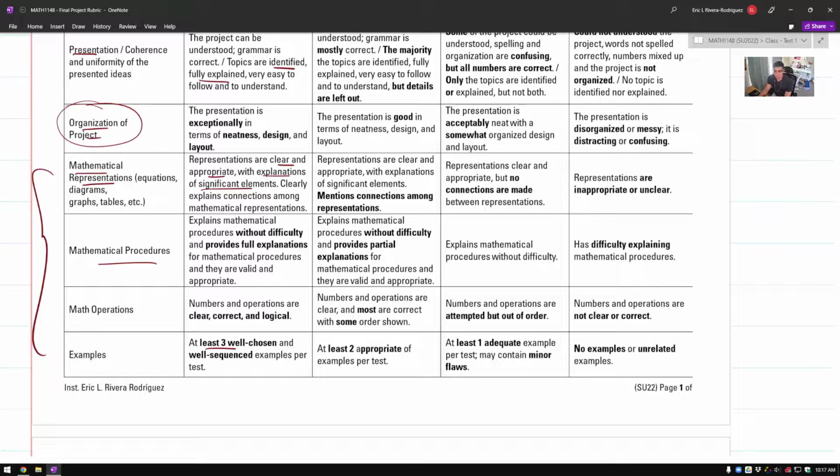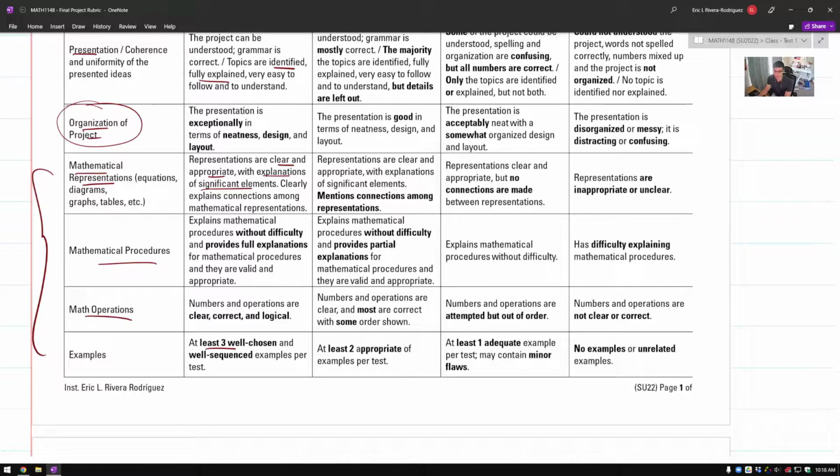Mathematical procedures: I want to see those procedures explained without difficulty and with full explanations. Mathematical operations: this is where we are going to focus on whether your numbers, operations and calculations are correct, clear, and logical.